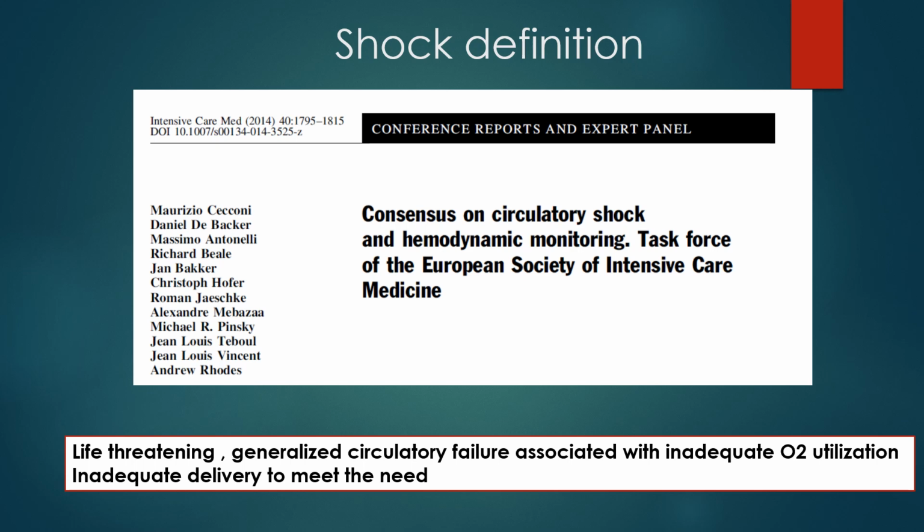This is when the tissue receives inadequate oxygen or doesn't properly utilize the oxygen, because of issues in delivery, issues in consumption, or both. Then the cells go from aerobic to anaerobic metabolism, and this results in the development of hyperlactatemia as a big mark for shock.